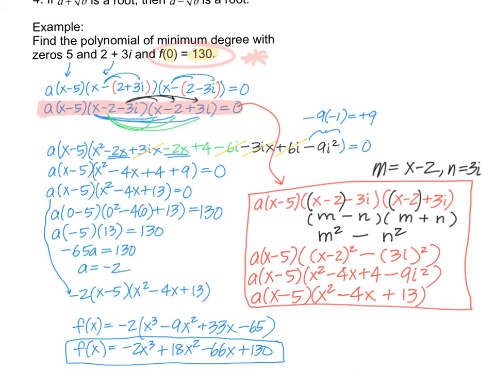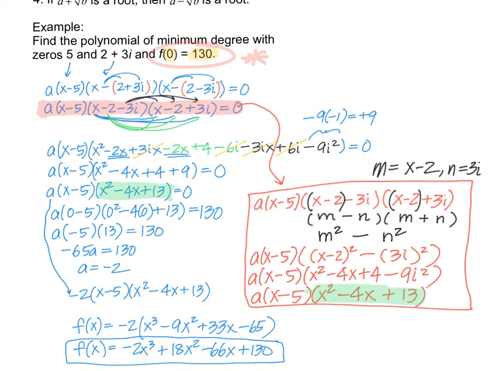I'm going to highlight this last step in green. Look at this: x squared minus 4x plus 13. That's the same as what we have over here on the left side, x squared minus 4x plus 13. So basically, what's in this red box is another way of arriving at x squared minus 4x plus 13.